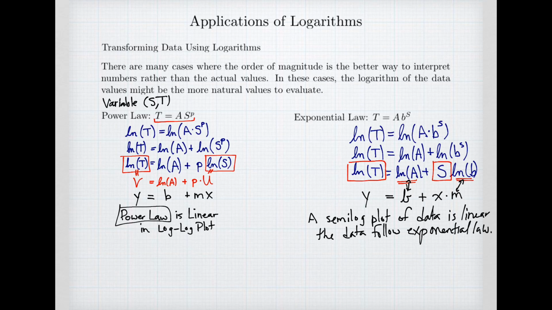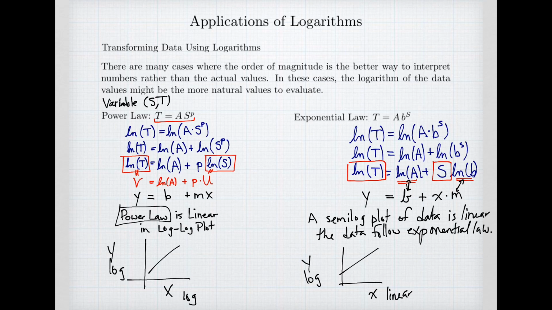And what I mean by a semilog plot is that the x variable uses a linear scale, but the y variable uses a logarithmic scale. And if that looks linear, then y is exponentially growing in terms of x. Whereas for our power law, if they're both logarithmic axes and it looks linear, then we have a power law.